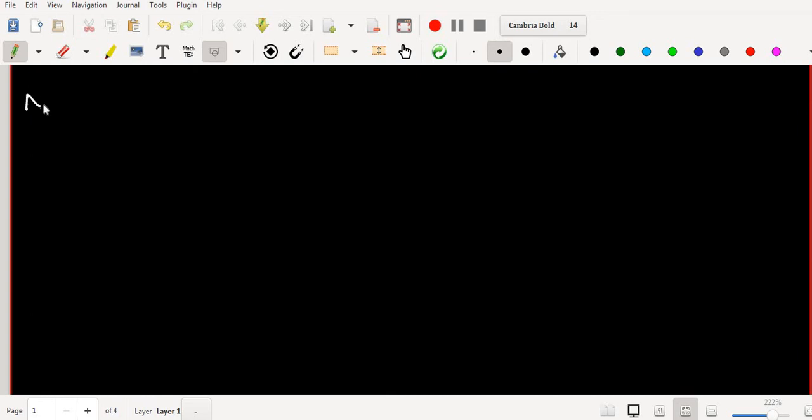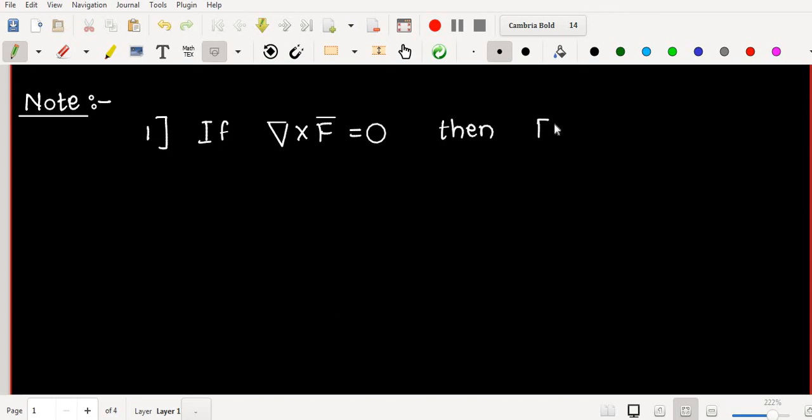There are some important notes for solving problems on curl of a vector function. If the curl of a vector function is equal to 0, then the vector function f bar is said to be an irrotational vector function.